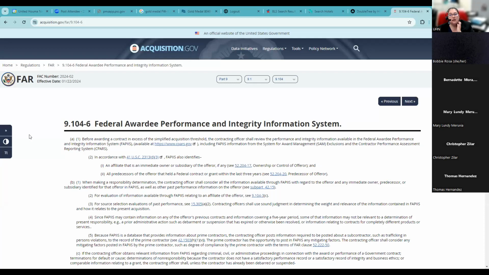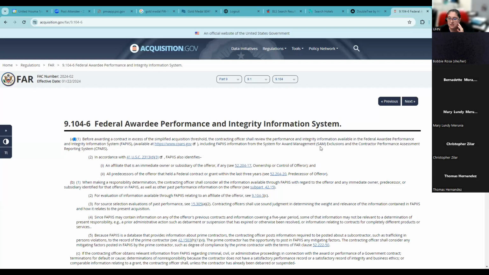So it is Federal Awardee Performance and Integrity Information System. It says before awarding a contract in excess of the simplified acquisition threshold, which I'm assuming is the $10 million, the contracting officer shall review the performance and integrity information available in the Federal Awardee Performance and Integrity Information System, including information from the System for Award Management, which is SAM.